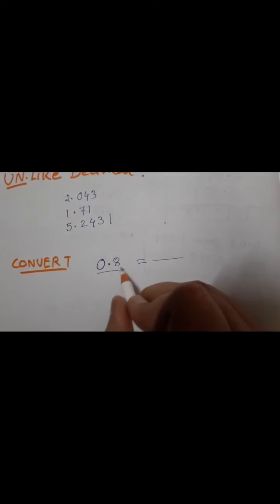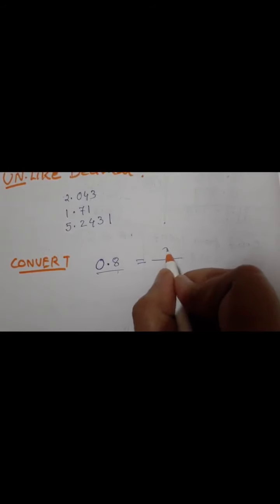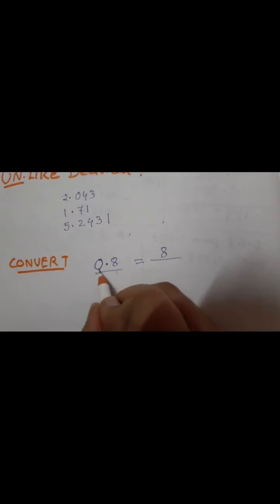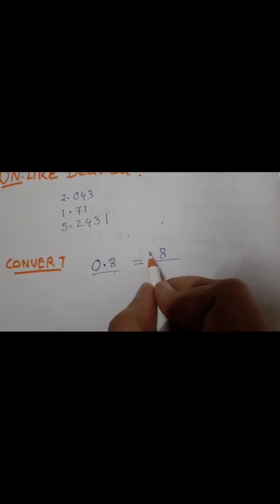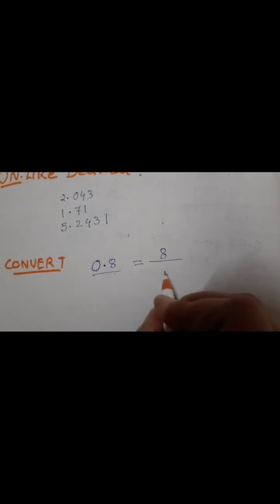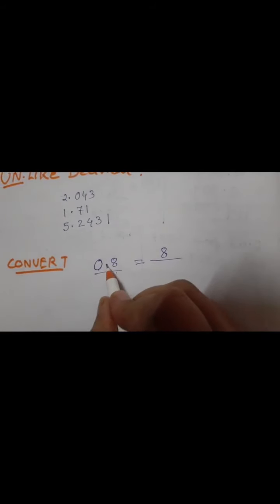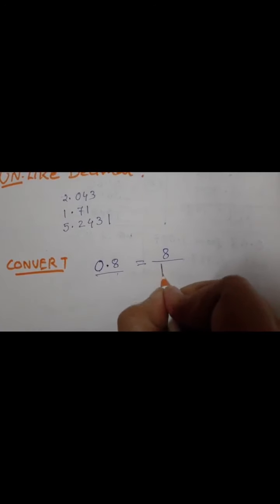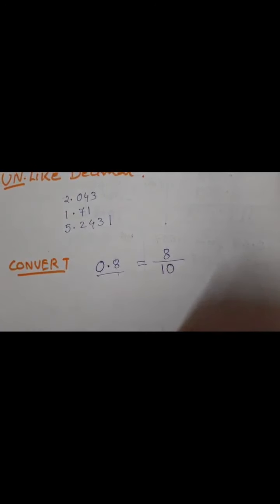So this 8 will go in the numerator because the whole number is 0. No need to write 0 over here. Then only 1 place is there after the decimal point. That's why we will write 8/10.